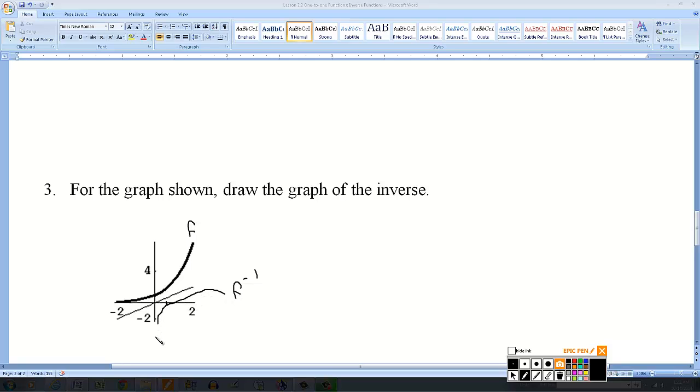So basically what I'm telling you is that the exponential function and the logarithmic function are inverses of each other. So if I take the ordered pairs of one and reverse them, I get the other. But anyways, in this case, we're just using the idea that the line y equal x is the line of symmetry for a function and its inverse. So this is what you would have.